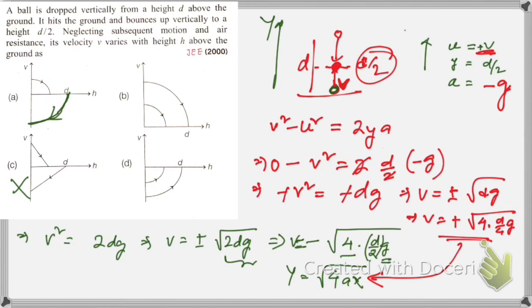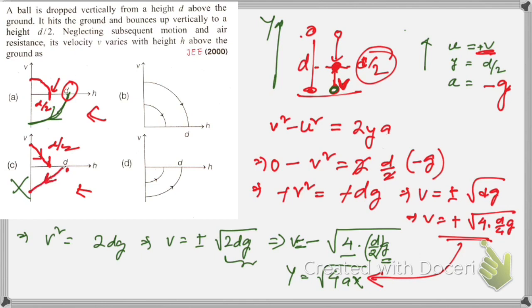So at d by 2, here you see this is d, then this is d by 2, though it is not mentioned here. So here at d by 2 the velocity becomes 0. You may be confused with these two graphs, that here also at d by 2 the velocity becomes 0, velocity is decreasing, and while coming from d to the ground the velocity is increasing here also.